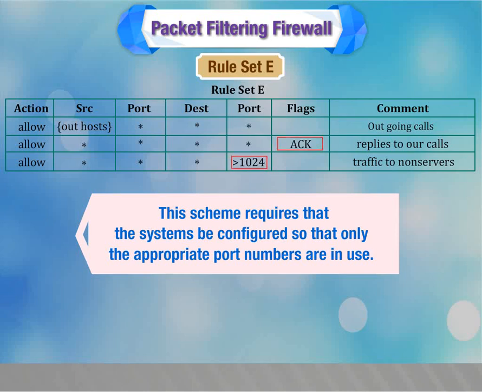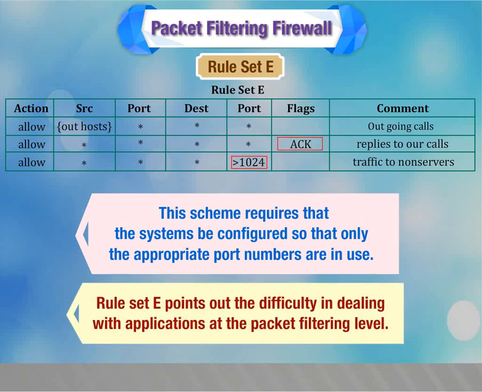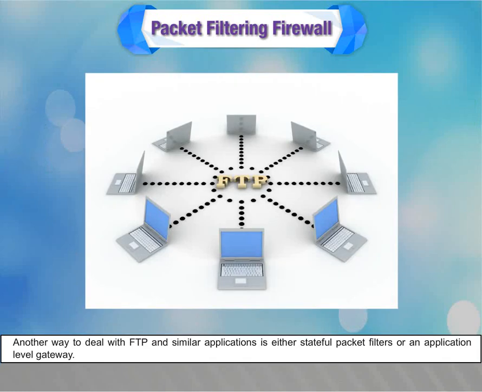This scheme requires that the system be configured so that only the appropriate port numbers are in use. Rule set E points out the difficulty in dealing with applications at the packet filtering level. Another way to deal with FTP and similar applications is either stateful packet filters or an application-level gateway.